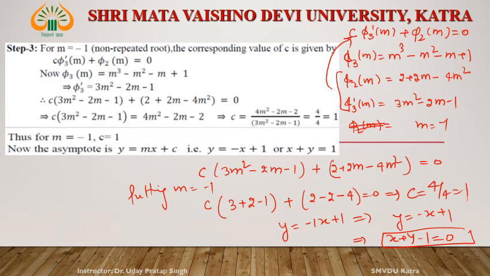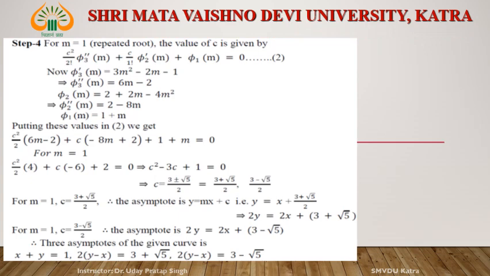Now what are the other roots? m equal to 1 is the repeated root, right? What is the formula for evaluating c? c can be evaluated by this formula: c²/2! φ₃''(m) + c/1! φ₂'(m) + φ₁(m) is equal to 0.